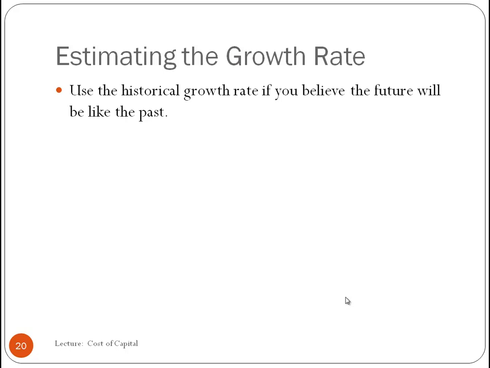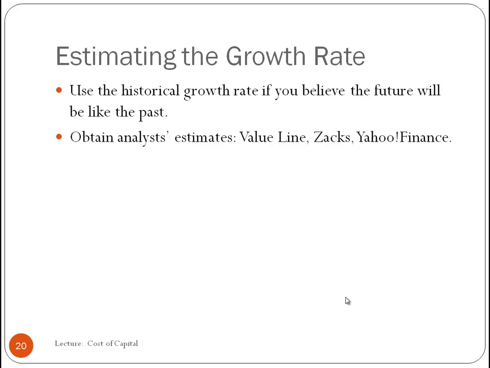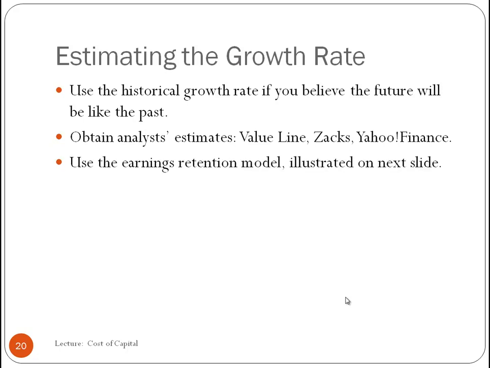We can use the historical growth rate if we believe the future will be like the past. We can actually calculate that. We can obtain analyst estimates. Again, this is similar to beta. There are services that calculate this. And another method is we can use something called the earnings retention model, and we'll discuss that briefly.